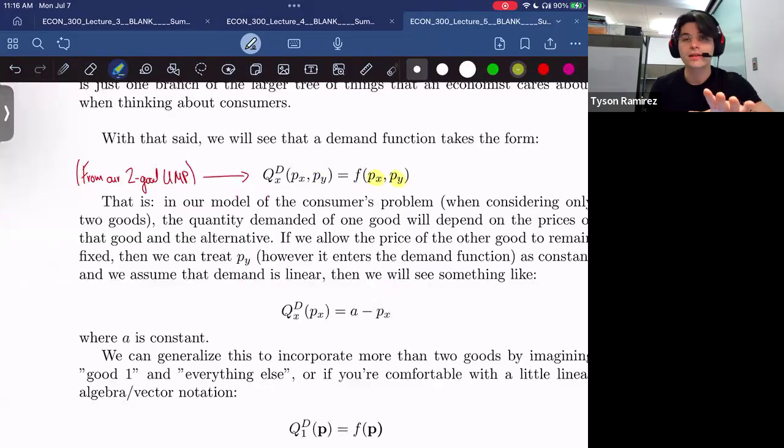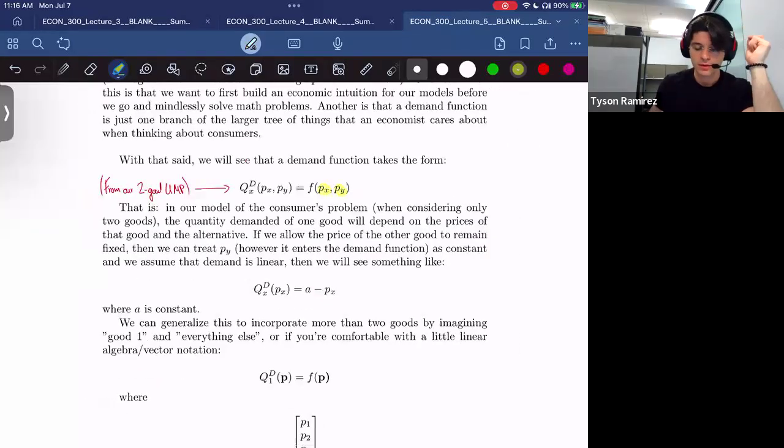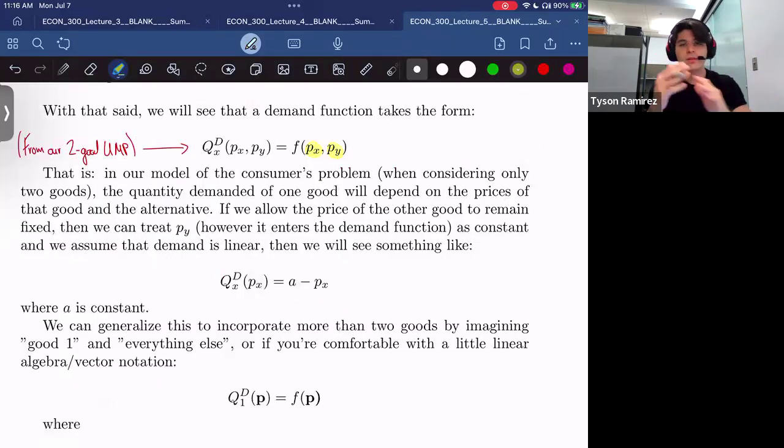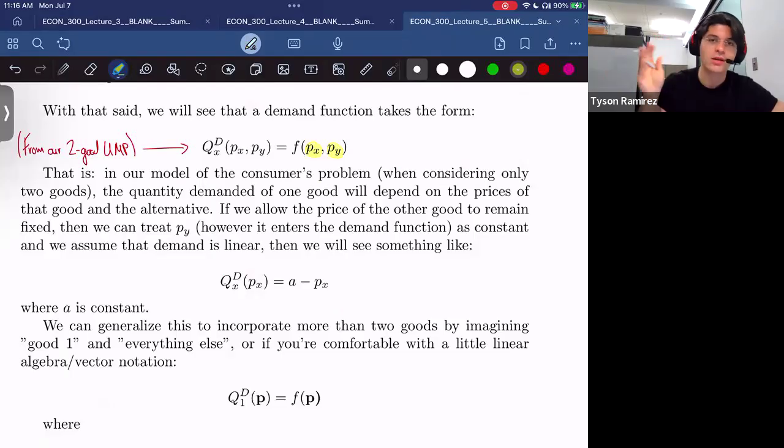Now, if we make a simplifying assumption, and this is something we did in the last lecture, let the price of Y be fixed, and we only want to change the price of X. All right. This is what we saw in the last lecture. If we take whatever the demand function looks like and we isolate how the price of good Y enters the function, hold that as fixed, and lump it into a constant, then we get something which looks much more like a demand function that we saw in our principles of micro class, right?